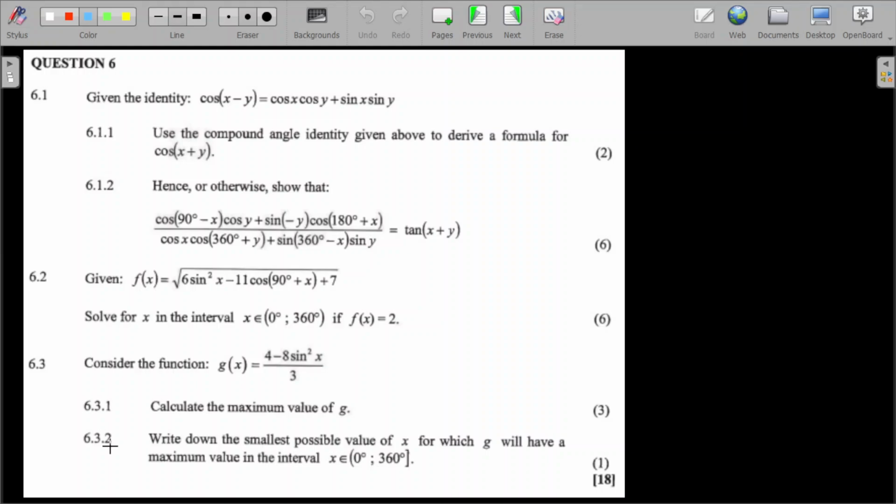And question 6 now, giving the identity of a cos. Now remember, this identity that they gave us here, they use the compound angle in order for us to do what they did here, in order for us to come to this conclusion that they did here. So we need to use this in order for us to solve or to prove this. So what they have here, based on the question, because the question is saying use the compound angle identity given above to derive the formula of this.